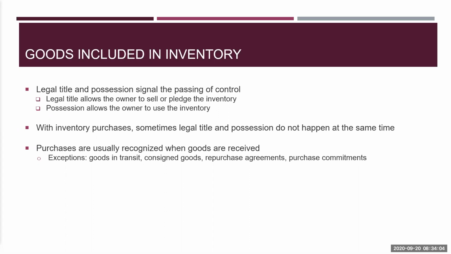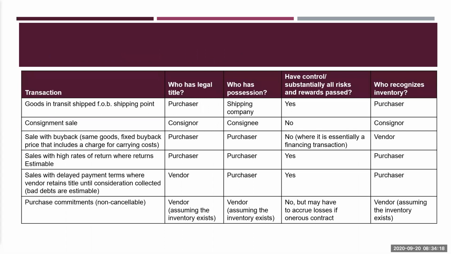Now, recall in the earlier topics, we discussed free on board, the FOB shipping point and FOB destination rules and where the inventory belongs. That is what will help determine who the inventory belongs to. So this is a quick chart outlining some of the ideas.